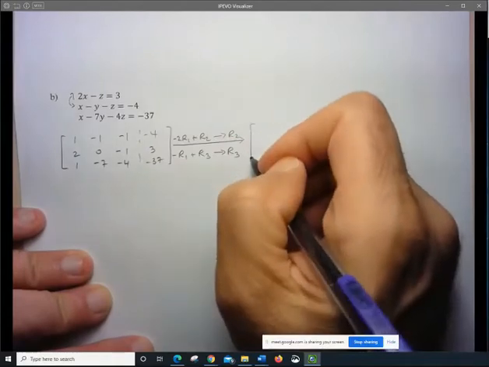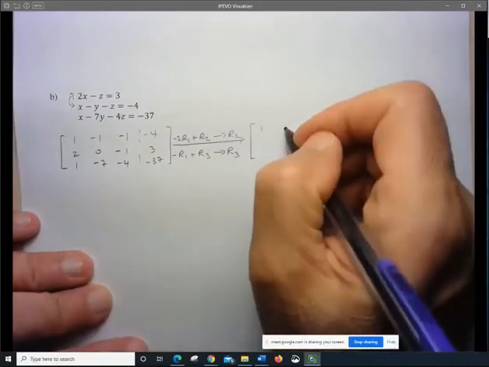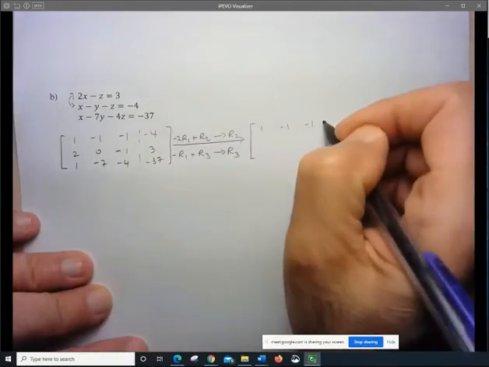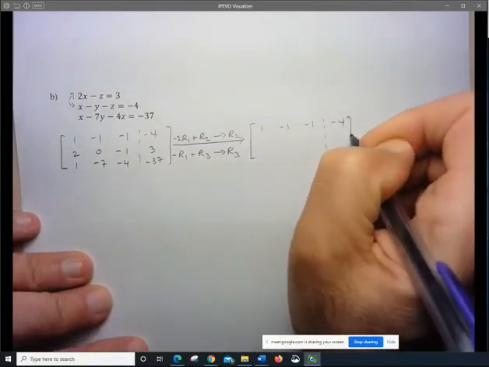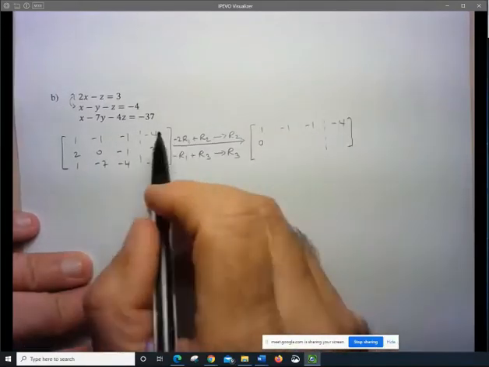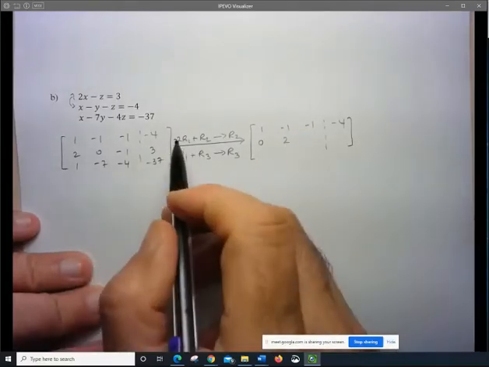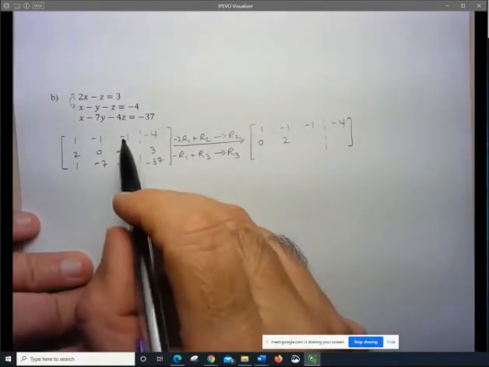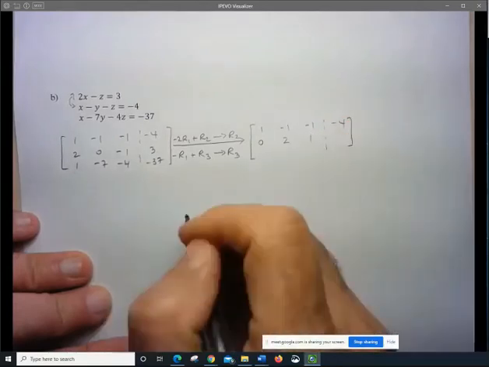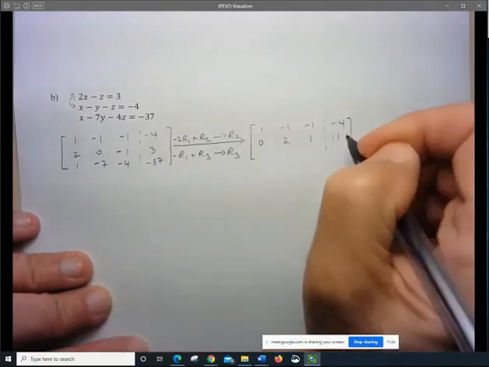So keep an eye on my algebra, please. Actually, let me write row 1 just so that it's done and out of the way. So negative 2 plus 2, 0. 2 plus 0 is 2. Negative 2 times negative 1, so 2 minus 1 is 1. And then here, 8 plus 3 is 11.